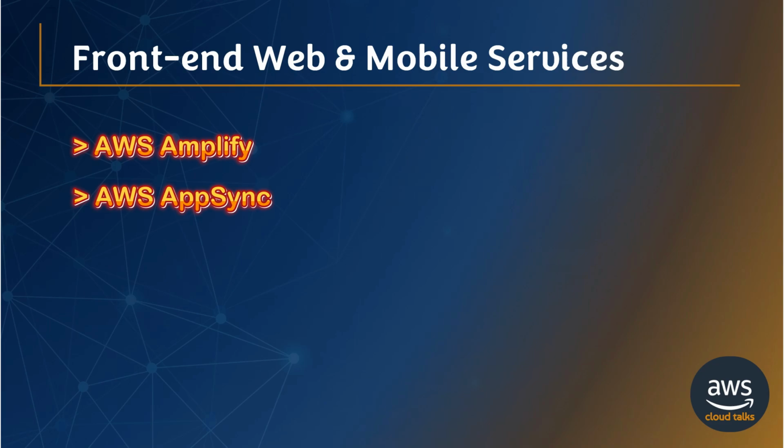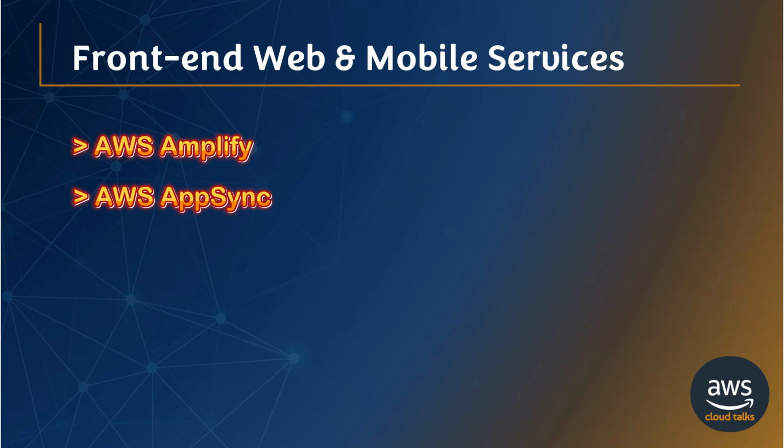AWS AppSync. AWS AppSync is a serverless backend for mobile, web, and enterprise applications. AWS AppSync makes it easy to build data-driven mobile and web applications by handling securely all the application data management tasks such as online and offline data access, data synchronization, and data manipulation across multiple data sources.